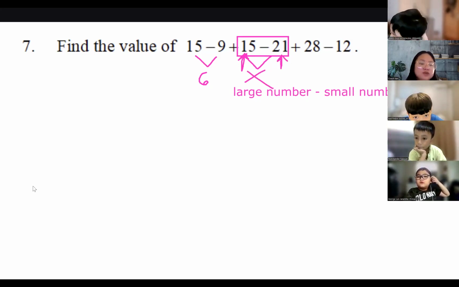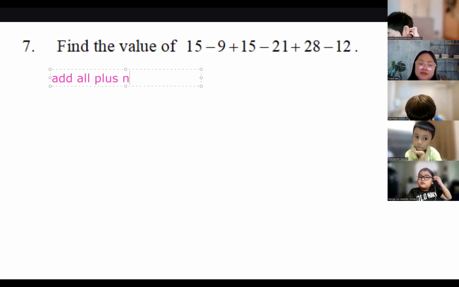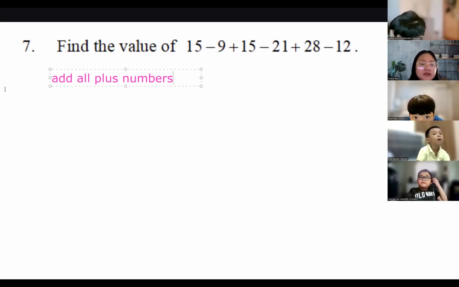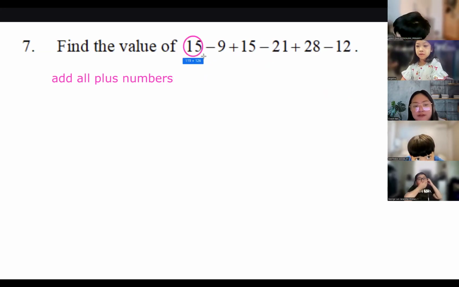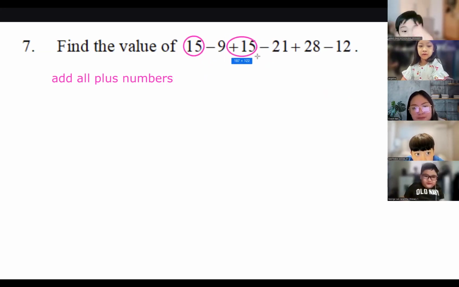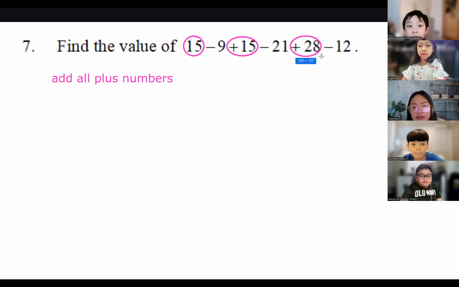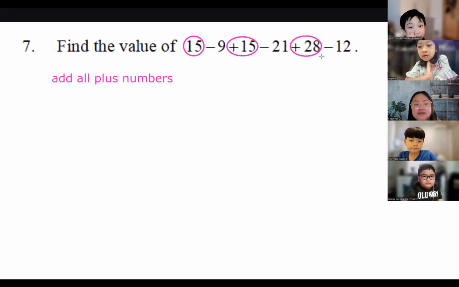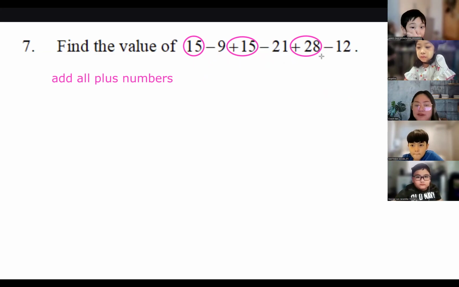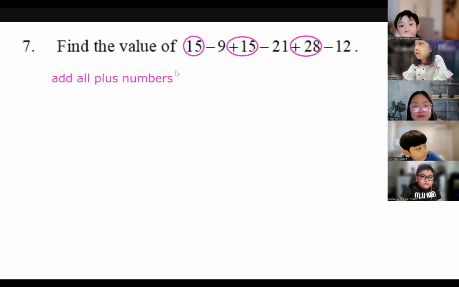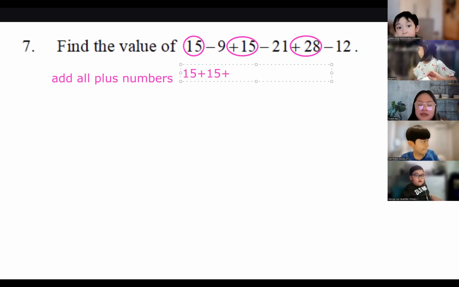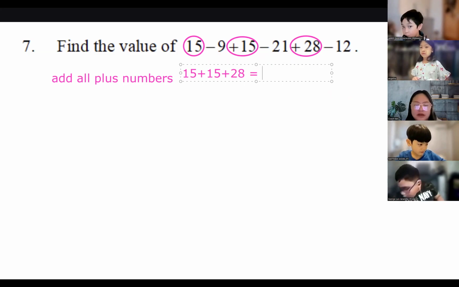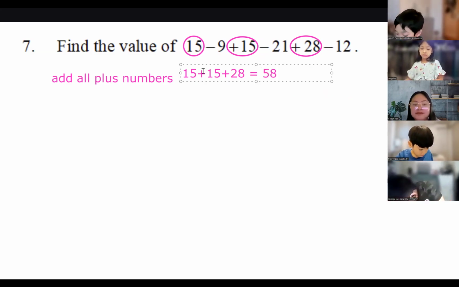Okay, so what can you do? Step 1, add all plus numbers. Plus numbers are the numbers that have a plus sign to the left of them, for example 15, 15, and 28. So you add 15 plus 15 plus 28, which is equal to 58.